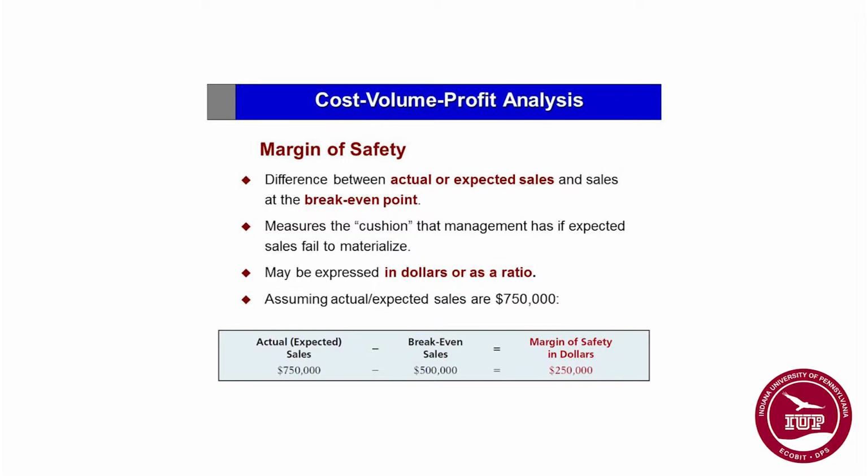This can also be expressed as a ratio. In this case, if you assume $750,000 to be sales and break-even sales expected at $500,000, then your margin of safety is $250,000. That basically means this is the safety net you have, and your sales can fall by about $250,000 before you start to incur any losses.